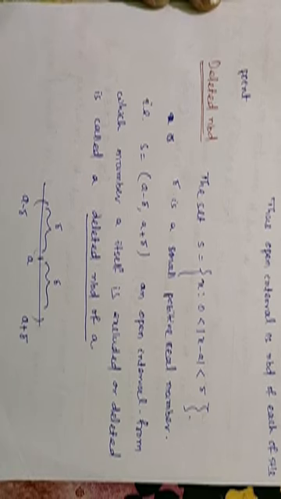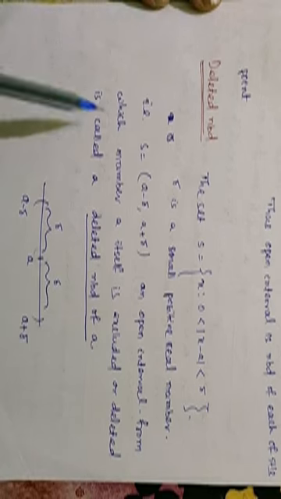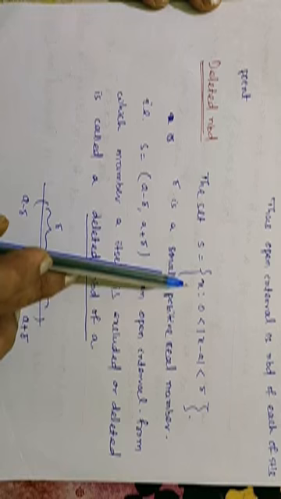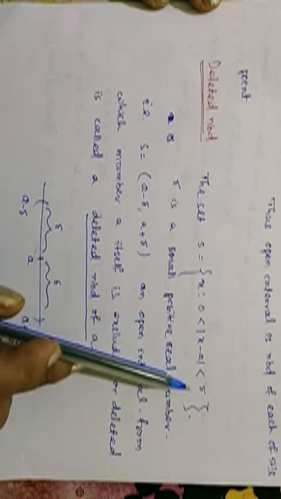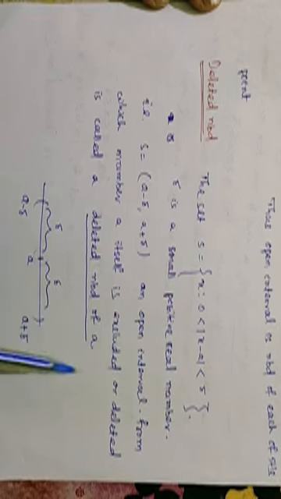Now, what is a deleted neighborhood? A set S defined this way: |x - a| < delta. What is the meaning of this? That means a - delta < x < a + delta.